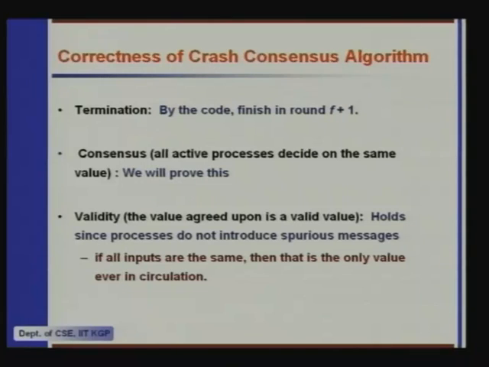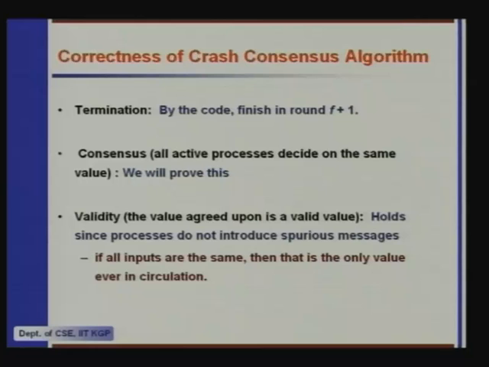The second thing is consensus, that all active processes decide on the same value. We will prove this in the next slide. The third thing is validity: the value agreed upon is a valid value. This is quite obvious, because processes do not introduce spurious messages. Whatever value you have received from some other process has actually originated from some process.